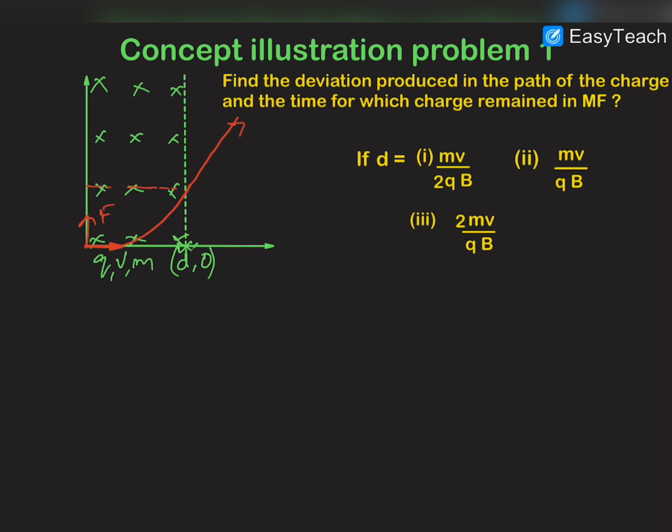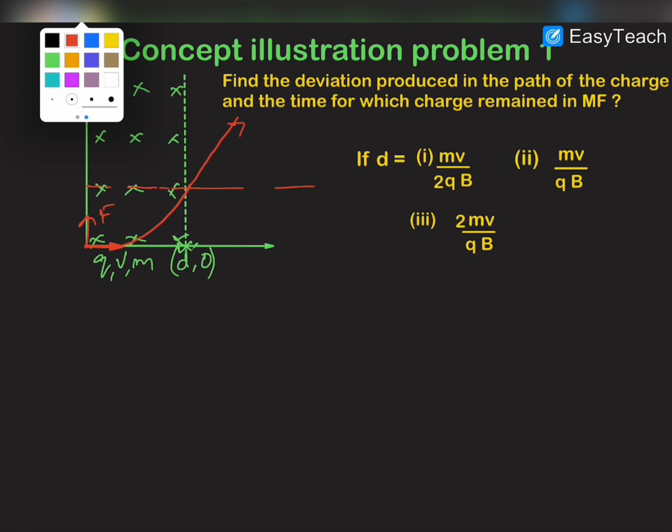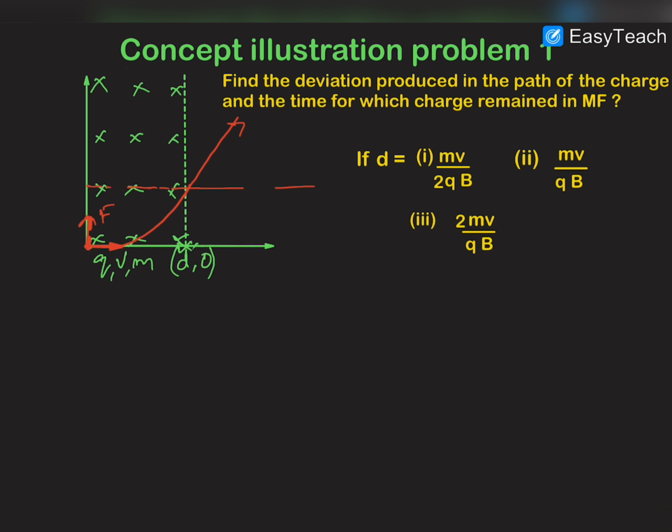So we know a concept of circular motion, that if we draw two normals to the velocity, then these two normals intersect at the center. So this is the center of the circle, and this would be the radius r. And if this angle is theta, then this would also be theta. So deviation angle is theta.